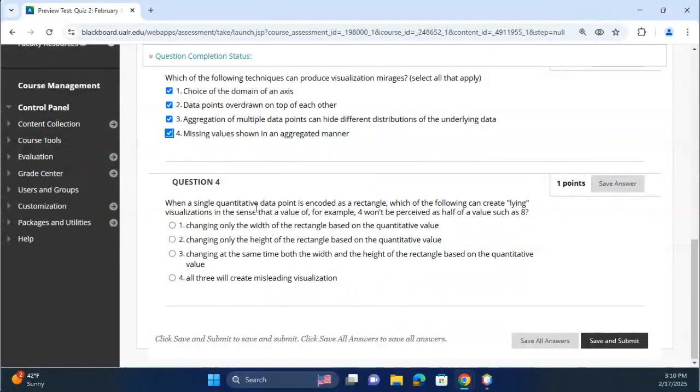With a single quantitative data point encoded as a rectangle, which of the following can create a lying visualization? 4b perceives something as 8. It's the one with the dollar and inflation, from an example from Tufte. Changing only the width is probably fine. That's a lot of what bar charts do.